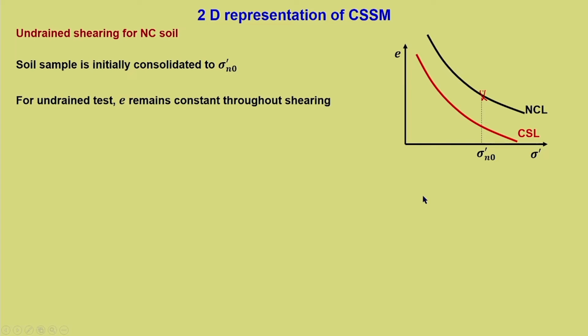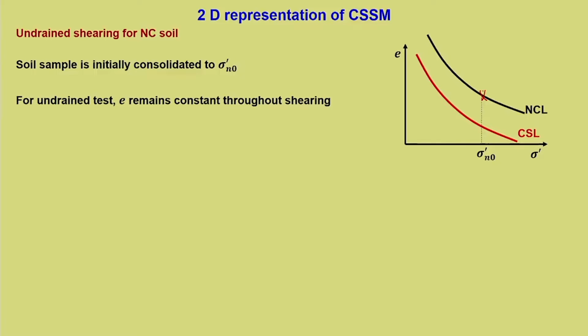For undrained test, this again becomes quite a handy information. If you do not appreciate that point that void ratio remains same during undrained test, you will not be able to understand this better. So, for undrained test, E remains constant throughout shearing.